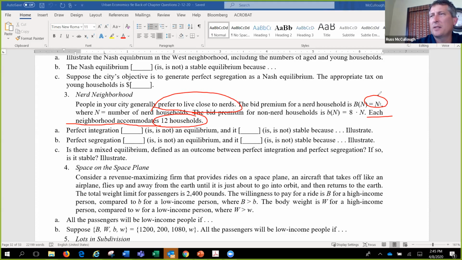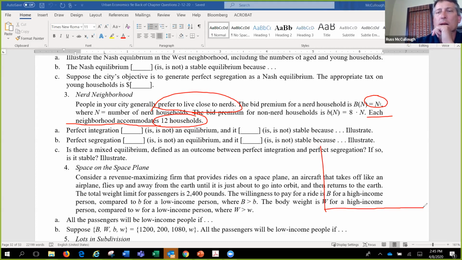Luke, I don't know if that looked like it was almost from the old problem, but where did you get that? I was just looking at the number of households. So each neighborhood accommodates 12 households. In this two-city model, I'm trying to think about what the total amount is.